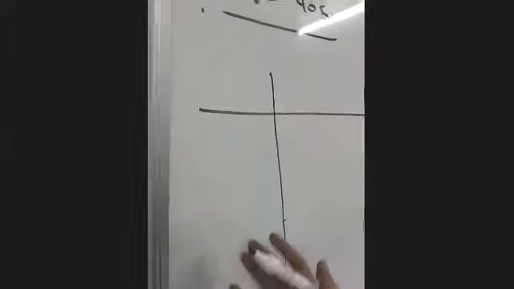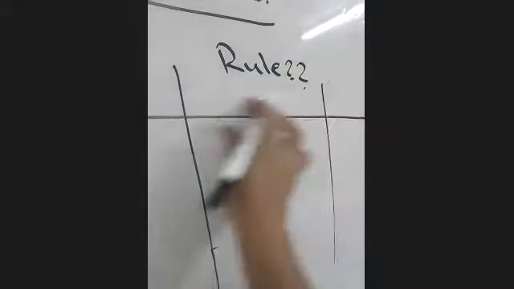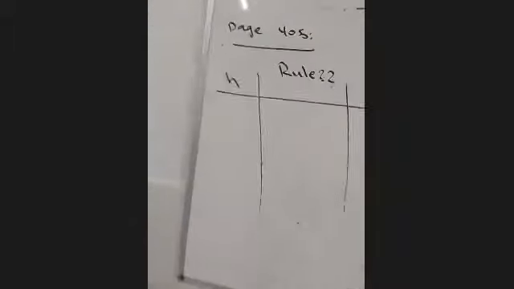This table has 3 columns. The first column is for H. The second column is where they want the rule. And here, values for D. The values for H are given: 1, 2, 3, 4.